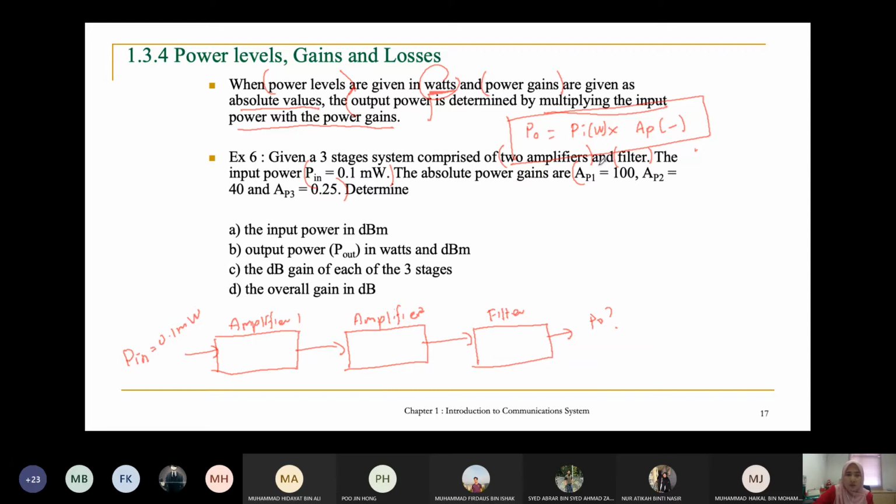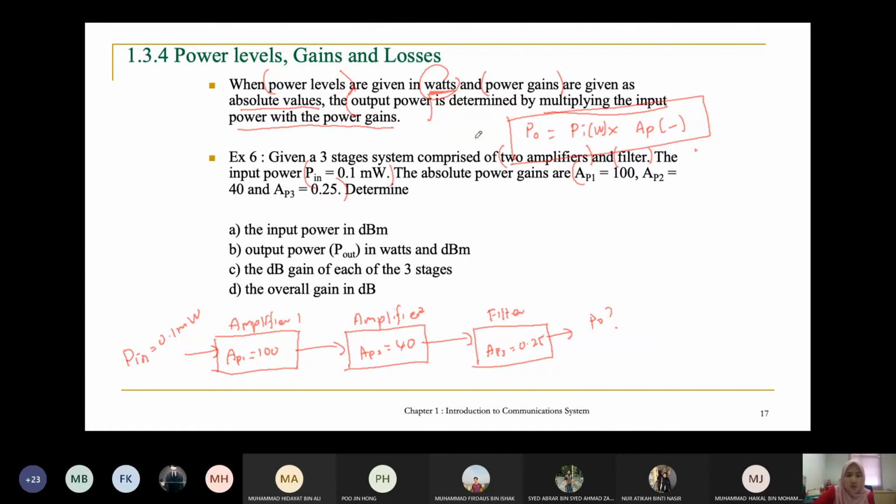So you have 3. AP1 is the absolute power gain for amplifier 1, which is 100. AP2 is the power gain for amplifier 2, which is 40. And AP3 is the gain for the filter, 0.25.